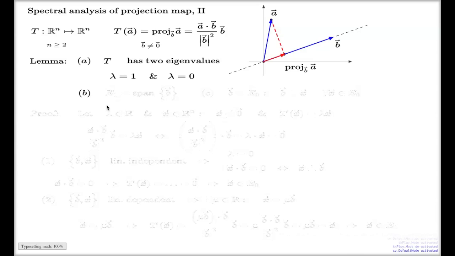Part B says that the eigensubspace associated with the value 1 is always just the span of the B vector, which is at the base of my projection. And part C says that vector B is perpendicular to the eigensubspace of the 0 value.